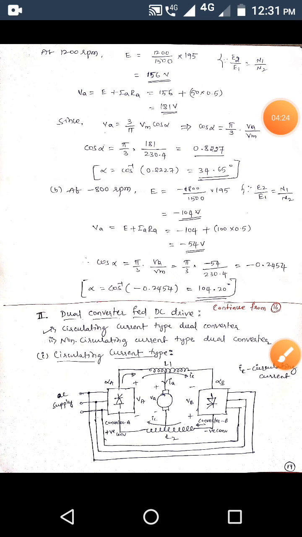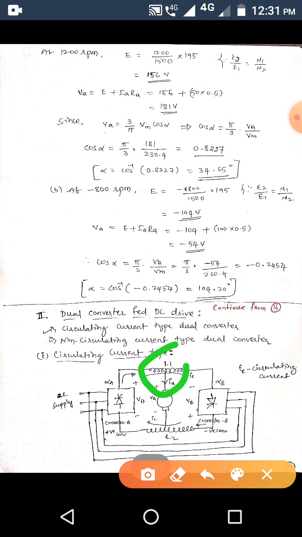Now the main purpose of L1 and L2 in the drive is to limit the converter current.